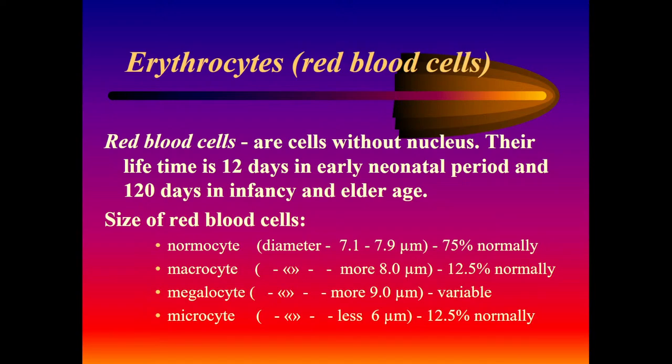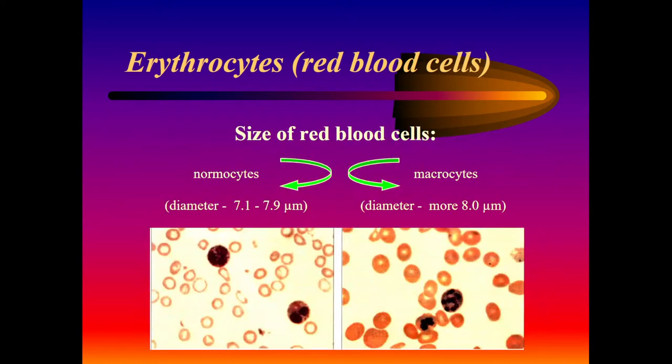Megalocytes are more than 9.0 micrometers in diameter, and microcytes less than 6 micrometers; these are also present normally among our red blood cell components. Erythrocytes, red blood cells, you can see on these pictures, divided into normal size and macrocytes.